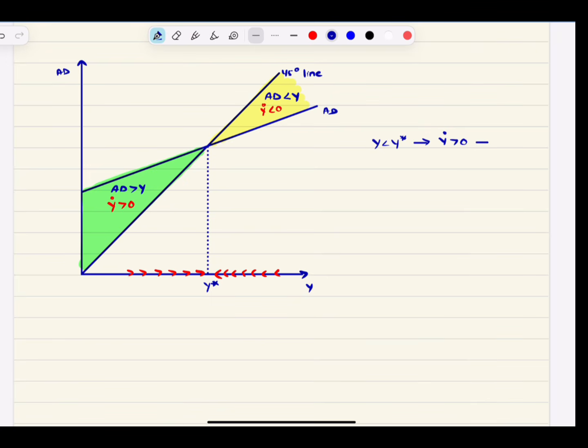So we want arrows that point to the east. And whenever output is greater than y star, then we have a y dot which is less than 0. So the arrows have to point to the west. So let's make this diagram.